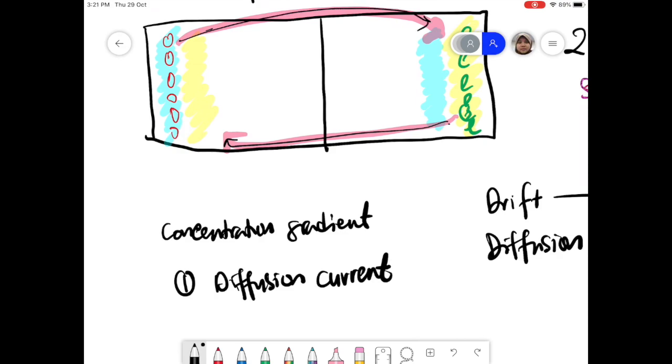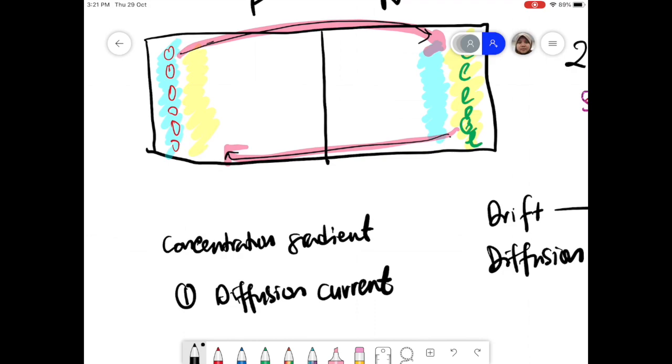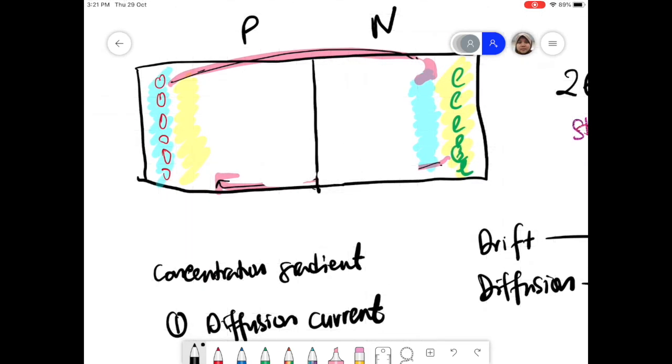The answer is no. Why? Because at the junction, this is called the p-n junction, right? When the electrons diffuse to this side and holes diffuse to this side, the free electrons will meet free holes over here, and the free holes will meet free electrons over here.